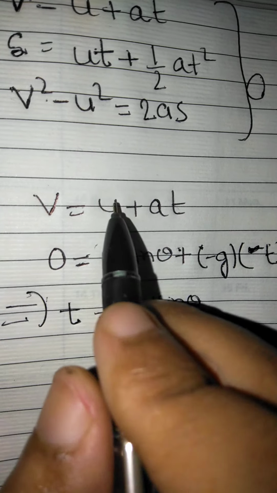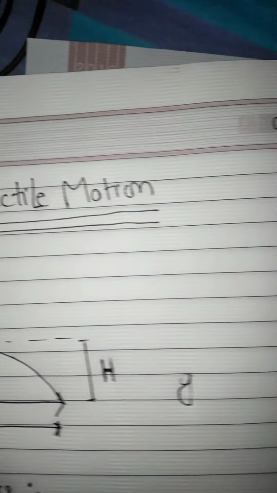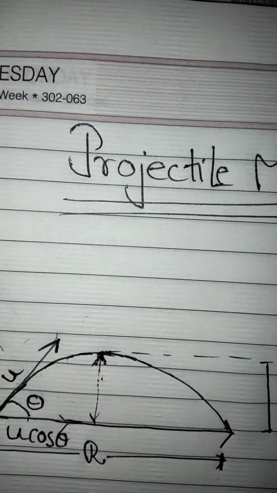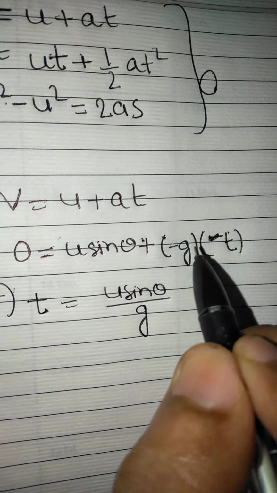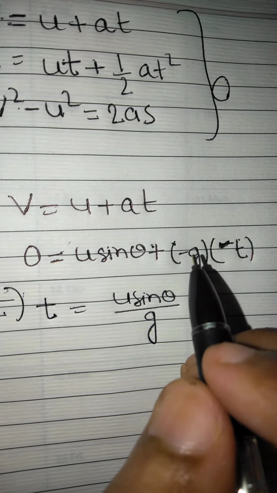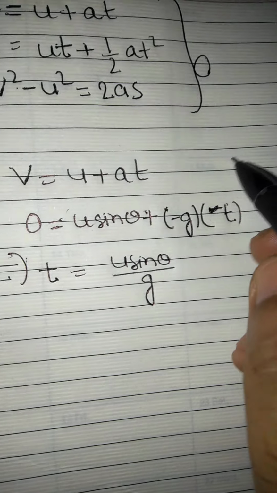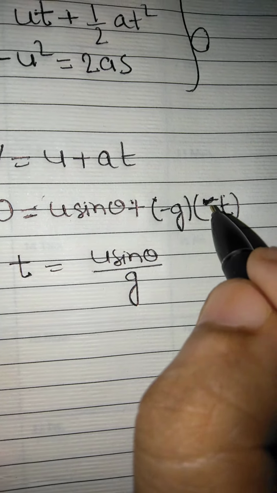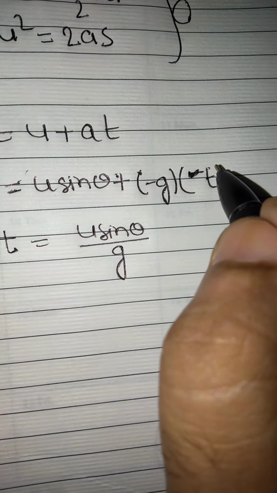Similarly, the initial velocity will be u sin theta, because we are only considering the y direction. And the acceleration will become minus g, because it's acting downwards. And the time, we will leave it like that.